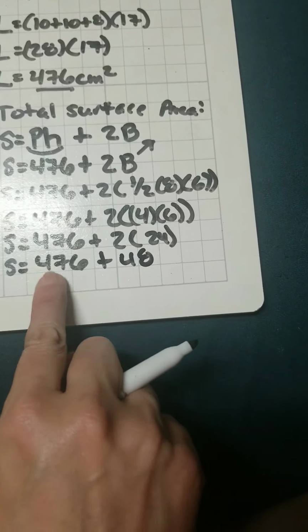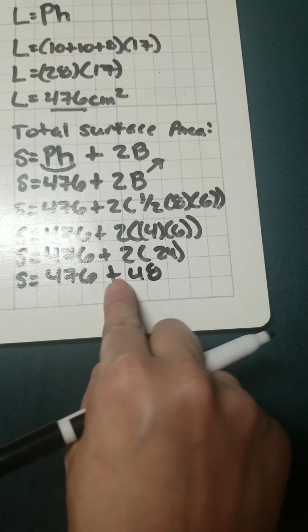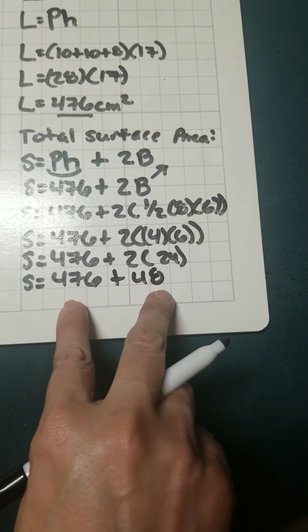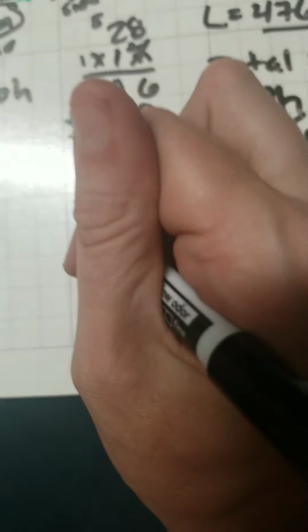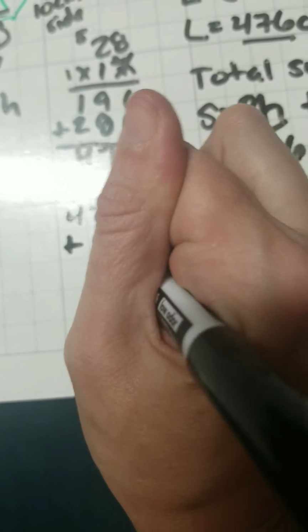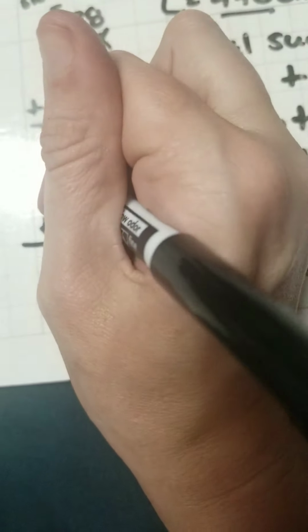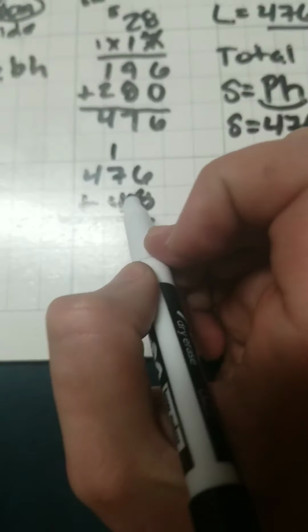So now I have my laterals, or my sides, and I have my bases. I combine these two together to get my total. So I do 476 plus 48. 6 plus 8 is 14. Carry a 1. 7 plus 4 is 11, plus 1 is 12.